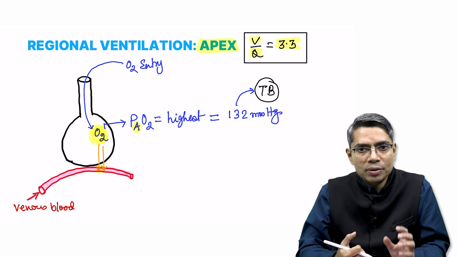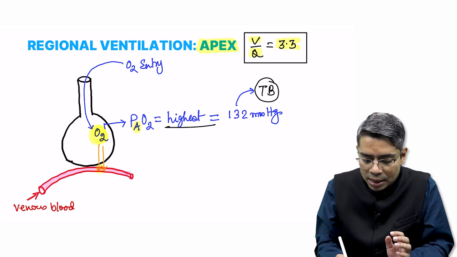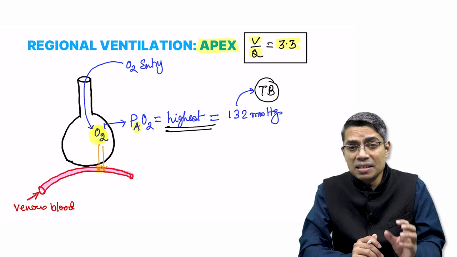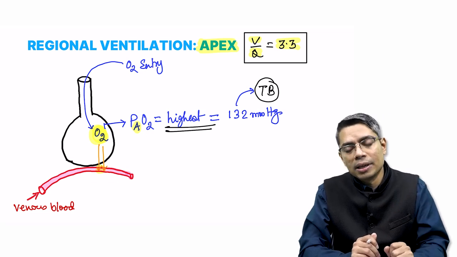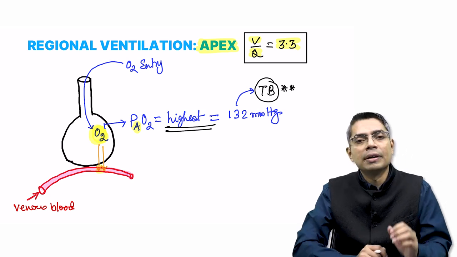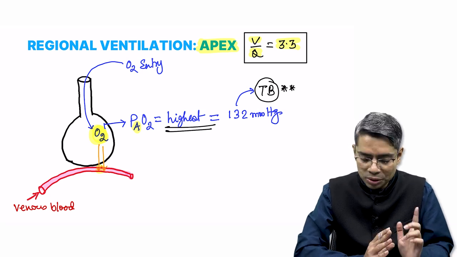But the oxygen tension is highest in which part of the lung? Apical region of the lung. And because these tubercular bacilli are strictly aerobic, they will easily survive in the apical alveoli, and that's why tuberculosis is more common in the apical region of the lung than in the other parts. Getting my point? So this is the first thing.